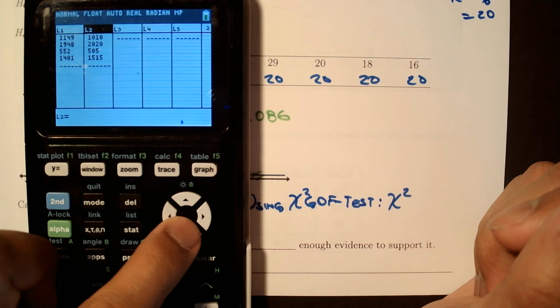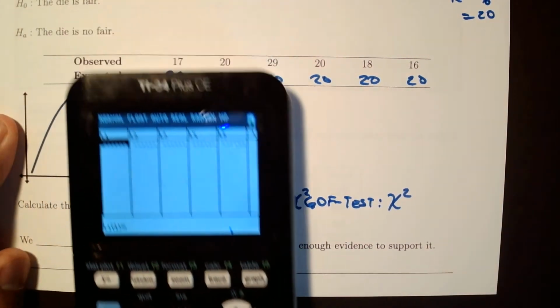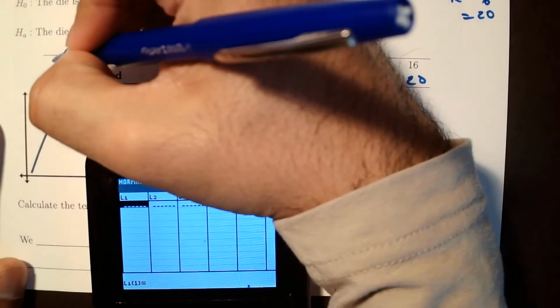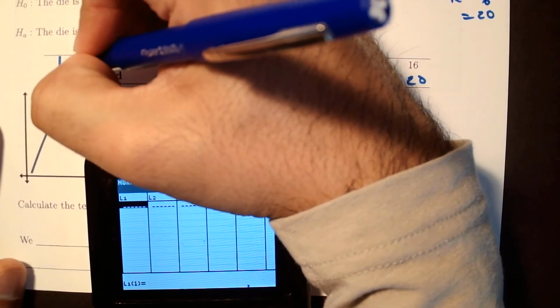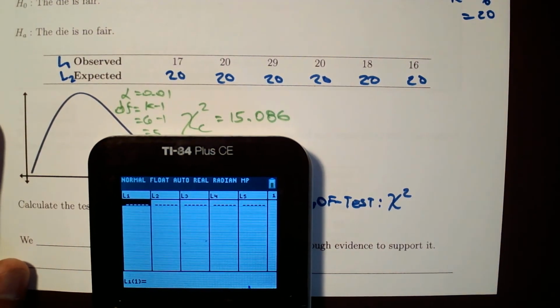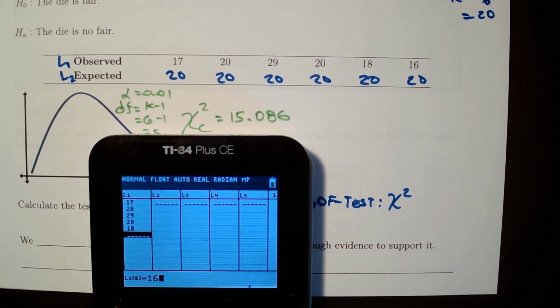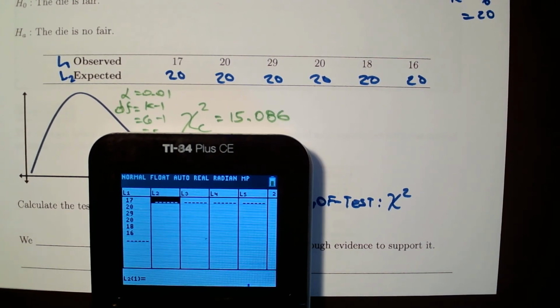I'm going to clear this list, and I'm going to put again the observed values in L1 and expected values in L2. All right, so 17, 20, 29, 20, 18, 16. And then over here, just repeat a bunch of 20s.